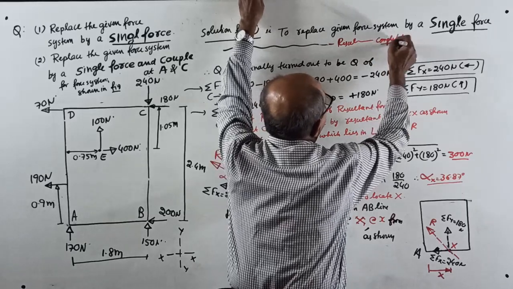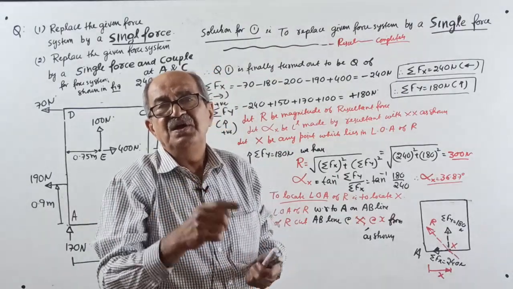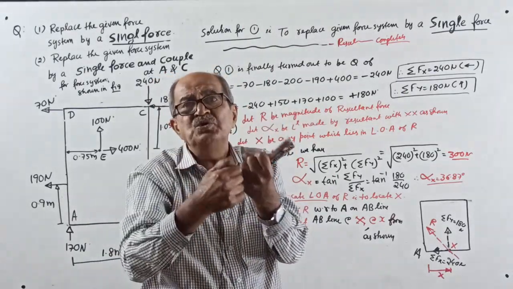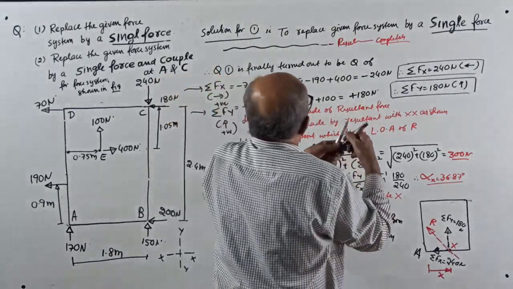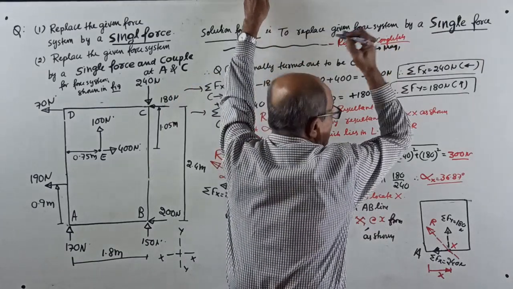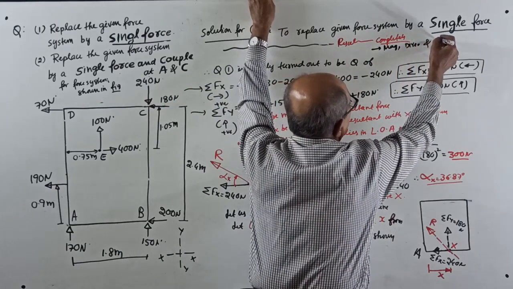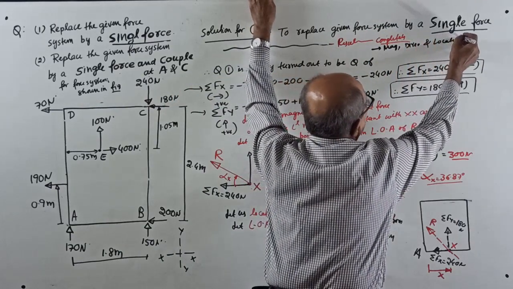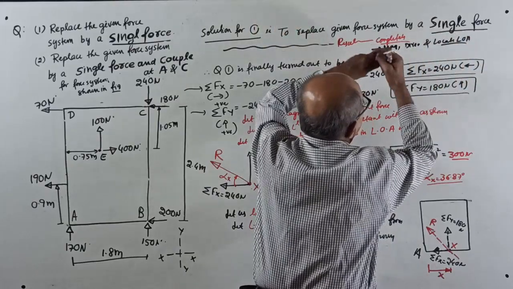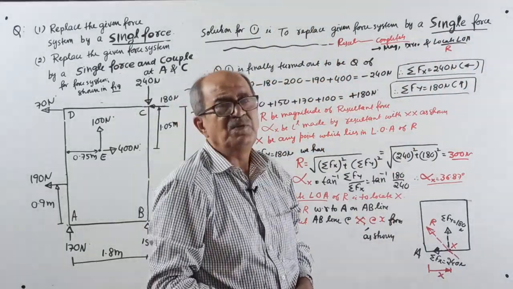Oh, the word completely comes. Therefore, write: we have to find the magnitude, direction, and also locate the line of action of the resultant. Now, you write that much.